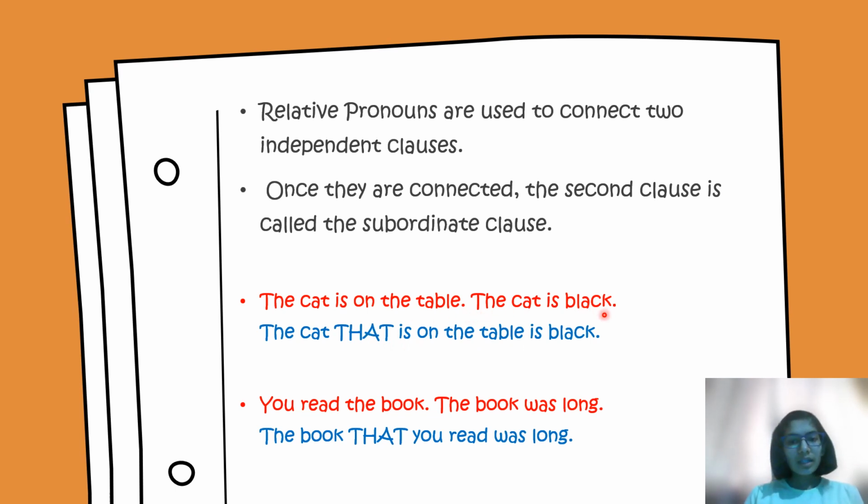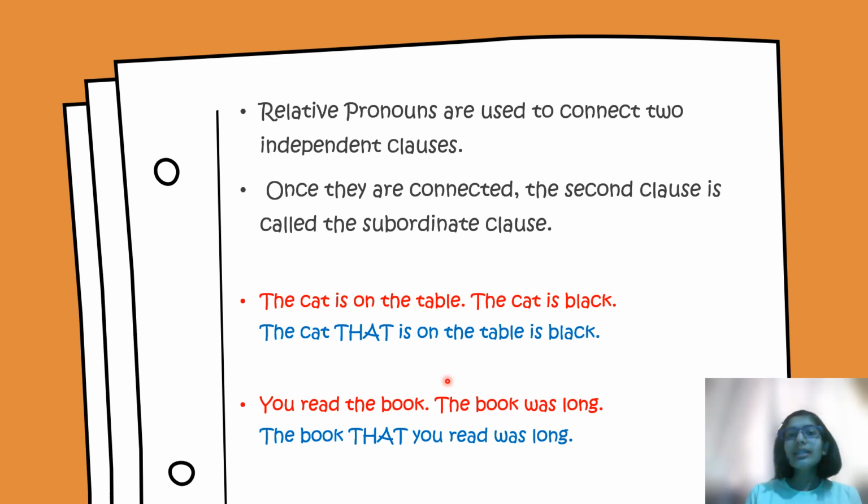If I read those sentences one by one, let's begin with the very first one: the cat is on the table, the cat is black. And the second one: the cat that is on the table is black. Which sentence sounds better, the first one or the second one?